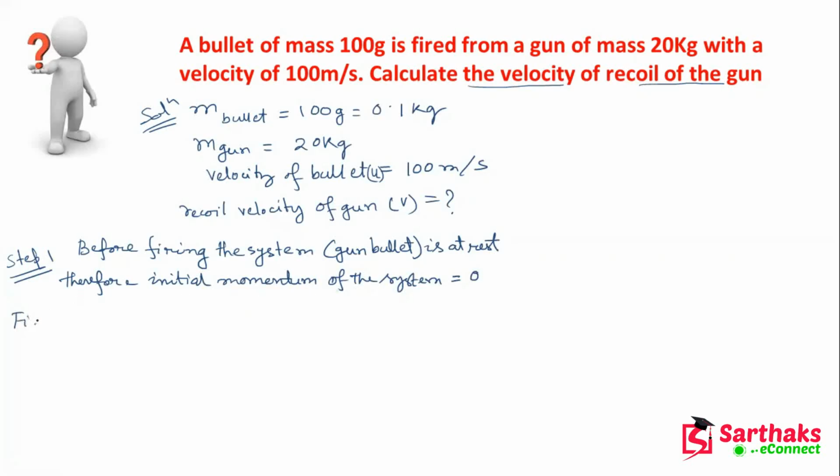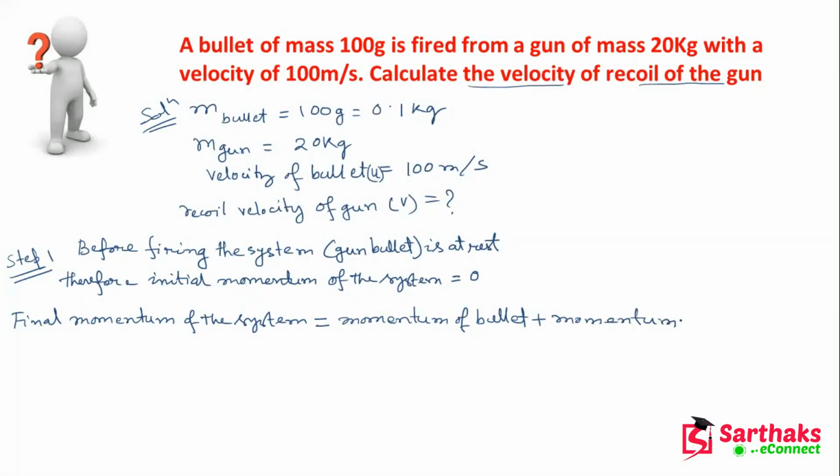And the final momentum of the system, how much is it? The final momentum of the system equals the momentum of the bullet plus the momentum of the gun.